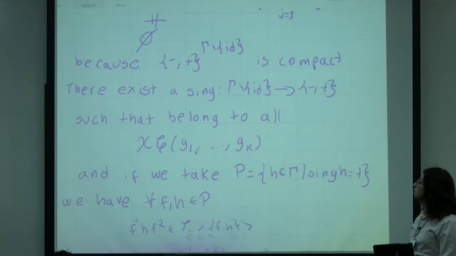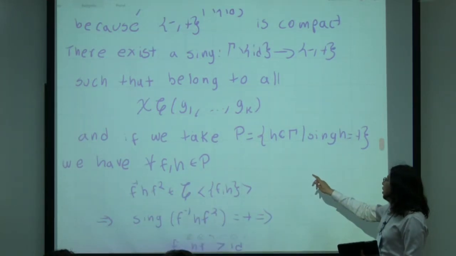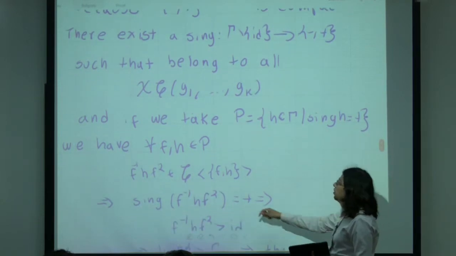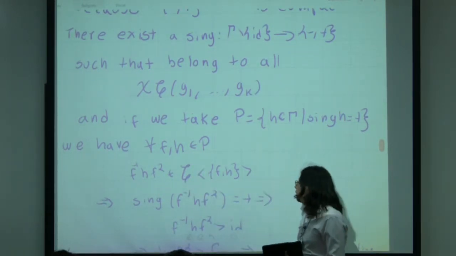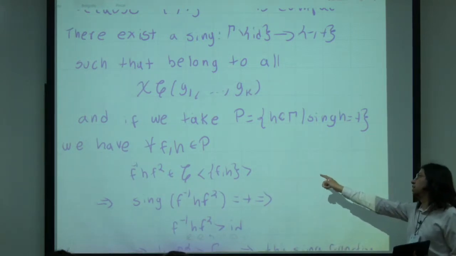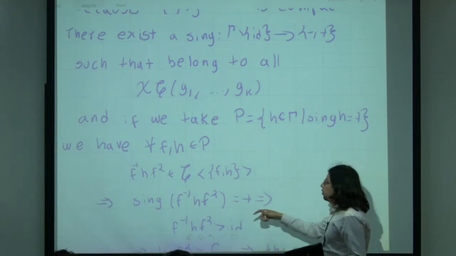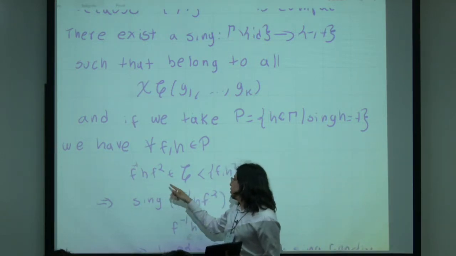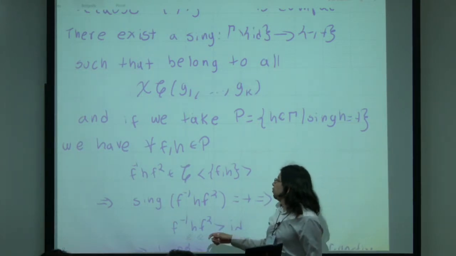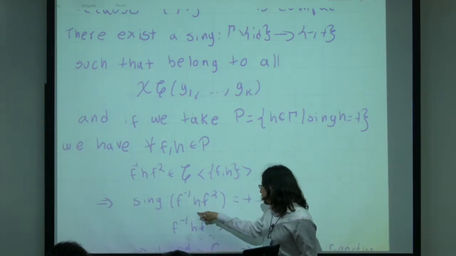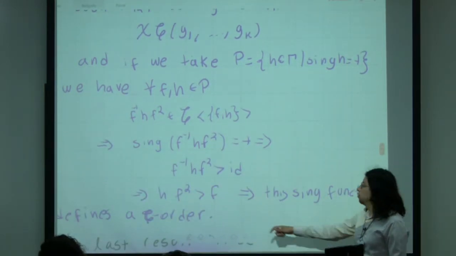So for that, every element in the positive cone, like this, basically the sign of f and h is plus. We have that this happened because of the construction of this semigroup. So for the construction, the sign of this must be positive. So we have this inequality, so we have this.